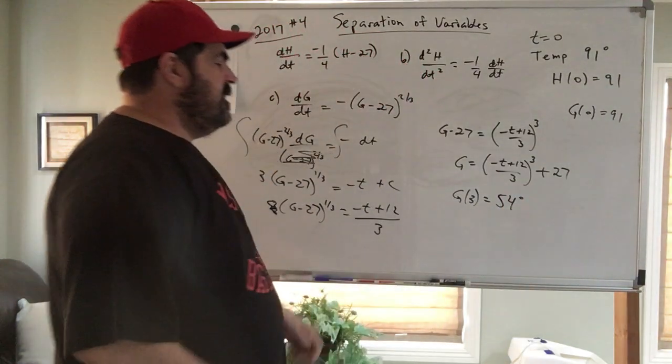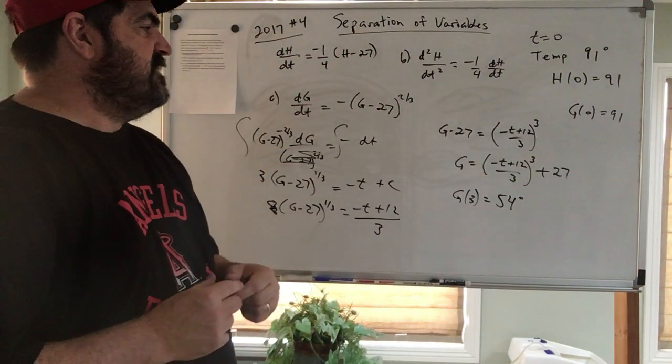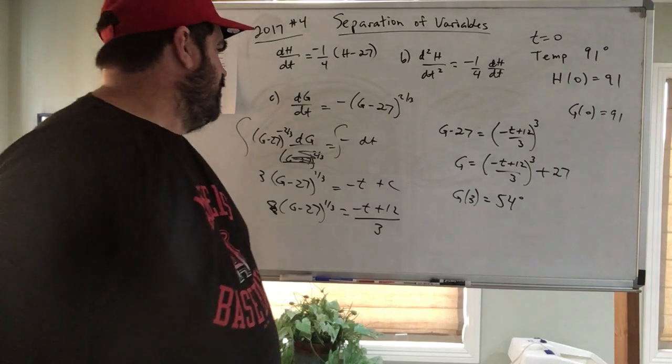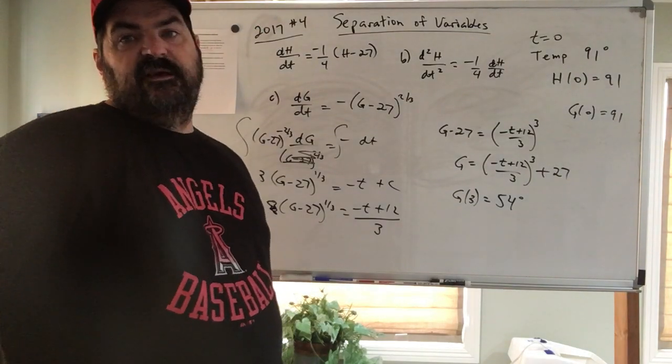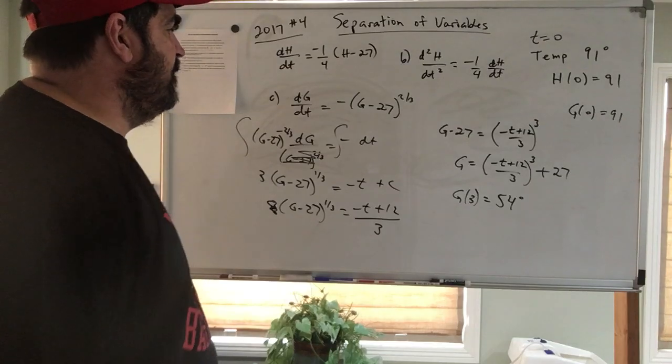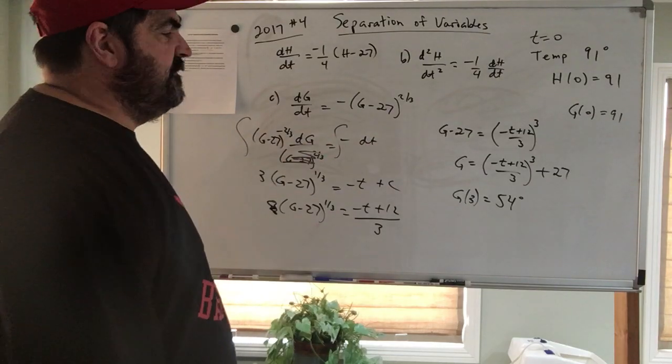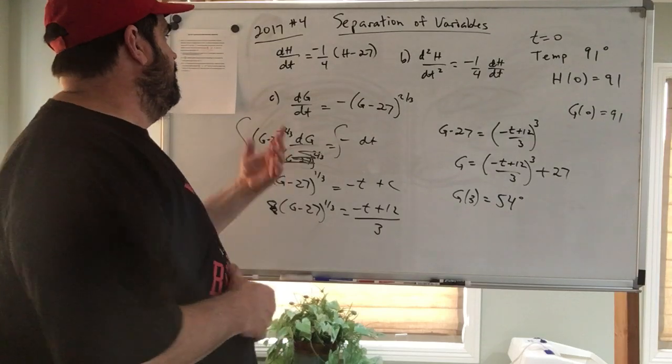Right. Now remember when we found the approximation before, we got like 43, something like that. So you can see how, remember, it was underestimating the actual value.